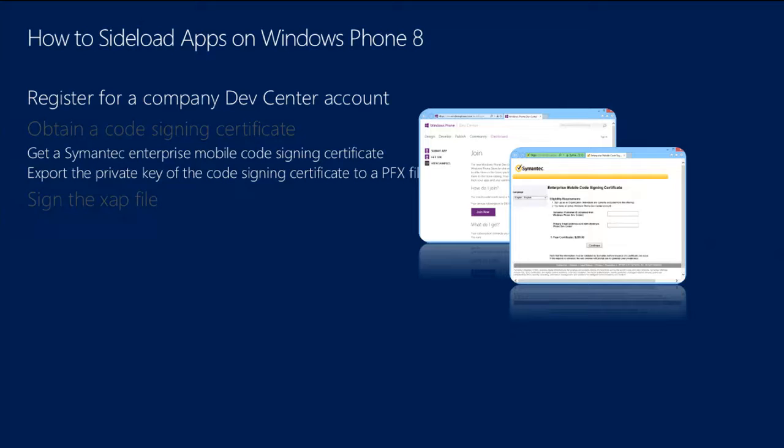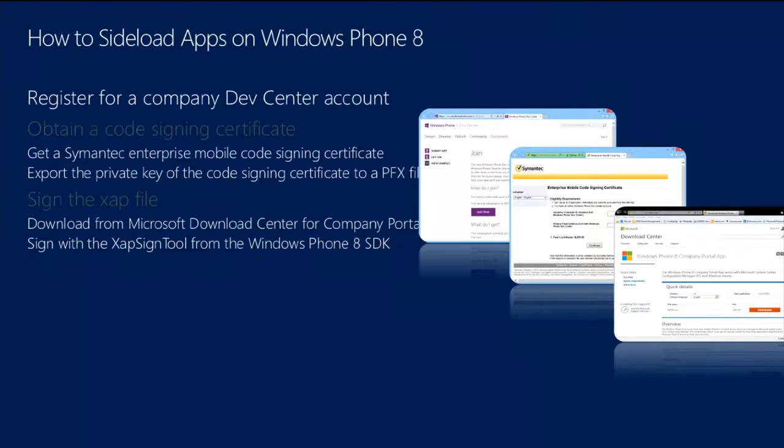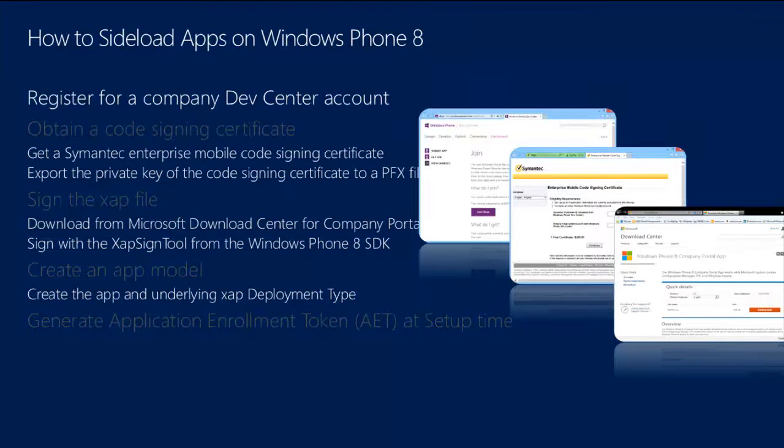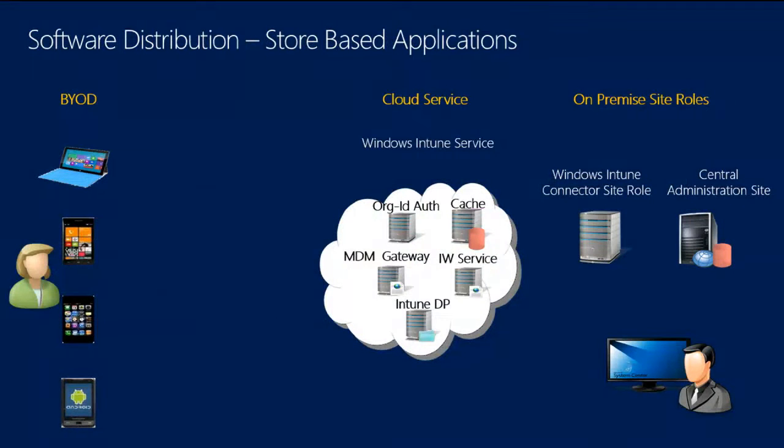You have to export the private key to a PFX file, and then any Windows Phone applications that you want to deploy, the XAP file itself for the application needs to be signed with that certificate. And I'll just go over the rest. You can do that using the XAP sign tool. And then the rest of the experience is the same. You can import that to the config manager UI.